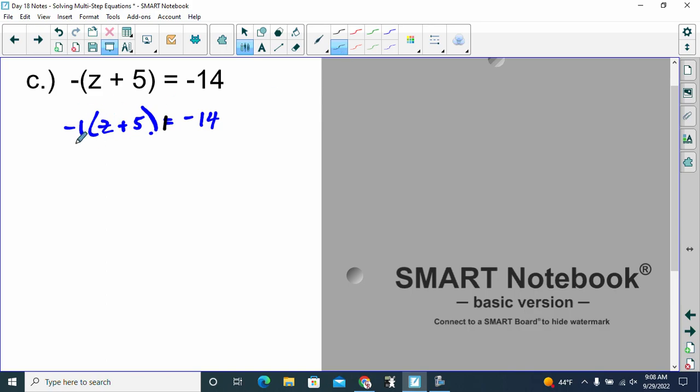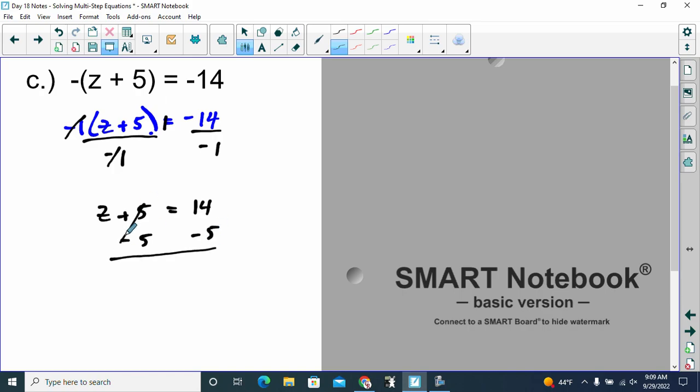So another way you could have done this, and maybe your Algebra 1 teacher taught it this way, was to start by dividing both sides by negative 1. Z plus 5 equals negative divided by negative is positive 14, and then subtract 5. And we get the same answer, z equals 9.